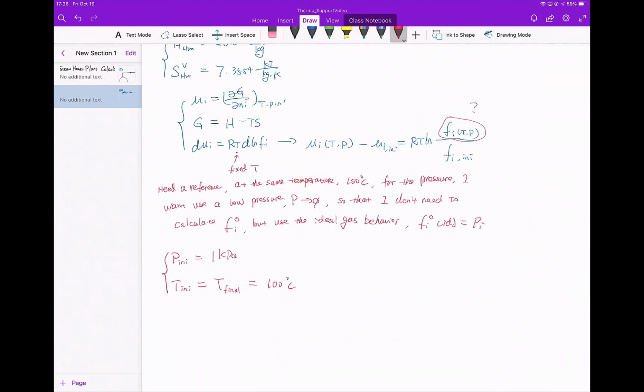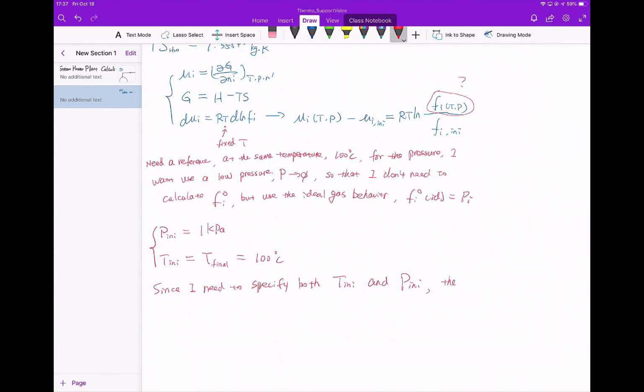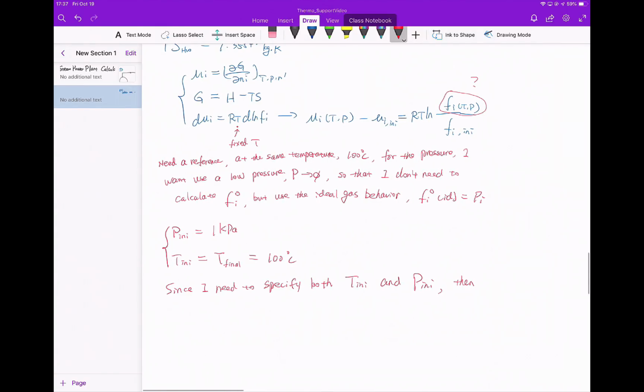So now you see that since I need to specify both T initial and P initial, then I need to use the superheated steam table.